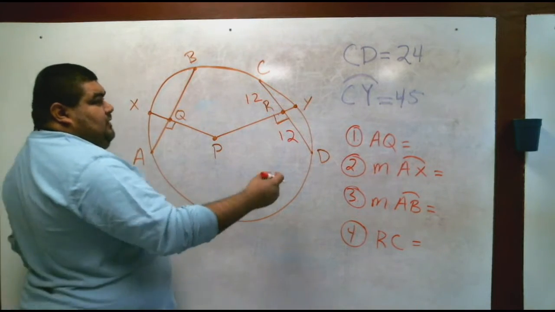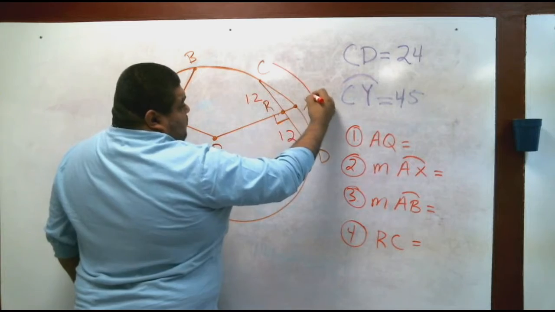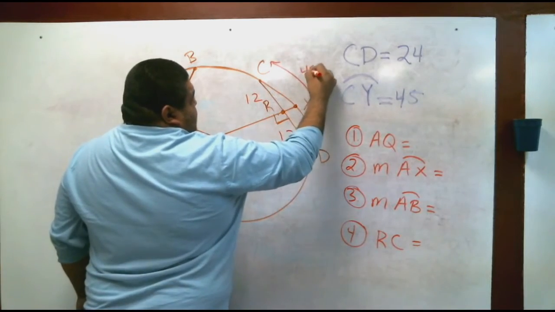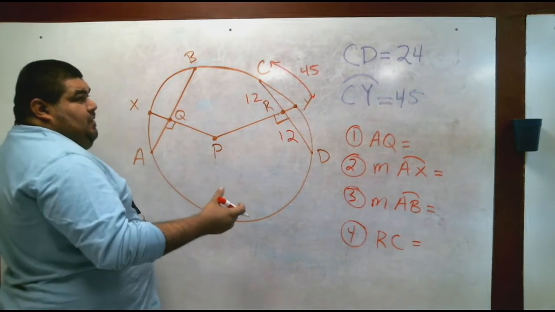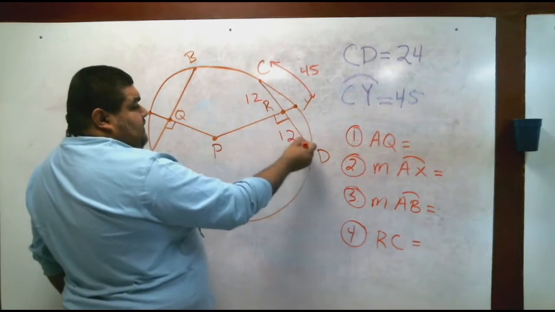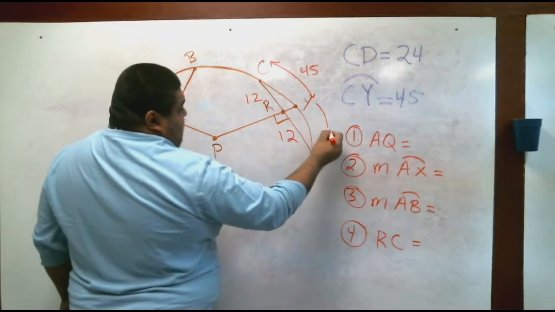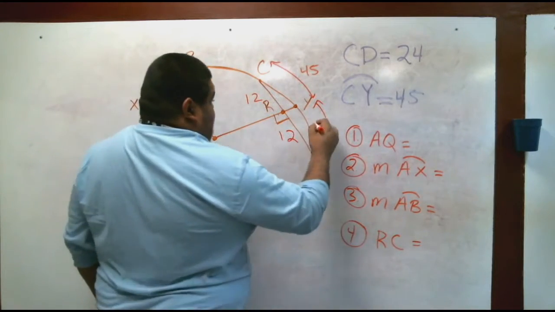Now, it also says that CY, so from C to Y, is 45, okay? That means that, remember, if this line is cut in half, we know that Y to D should also equal 45, right?